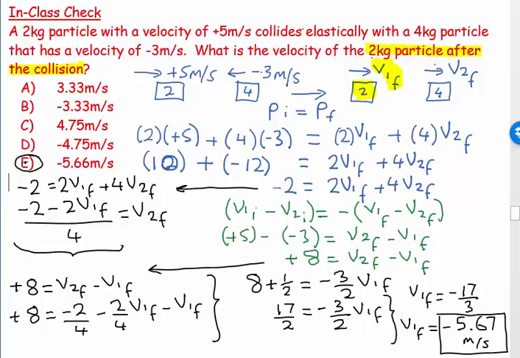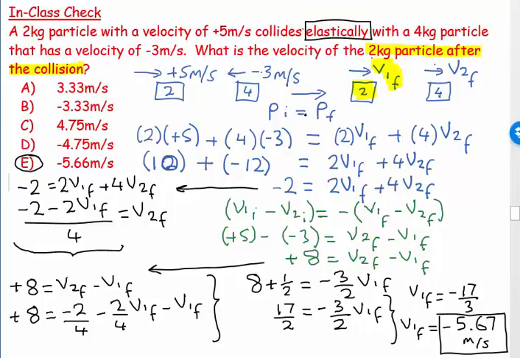It takes several steps. First of all, recognize that it is an elastic collision. And so I know that not only is momentum conserved, but also kinetic energy is conserved. Then you suspect you're going to need 2 equations because you have 2 unknowns. You visualize, and sure enough, you don't know what the final velocity for the first mass is, and you don't know what the final velocity for the second mass is. 2 unknowns.